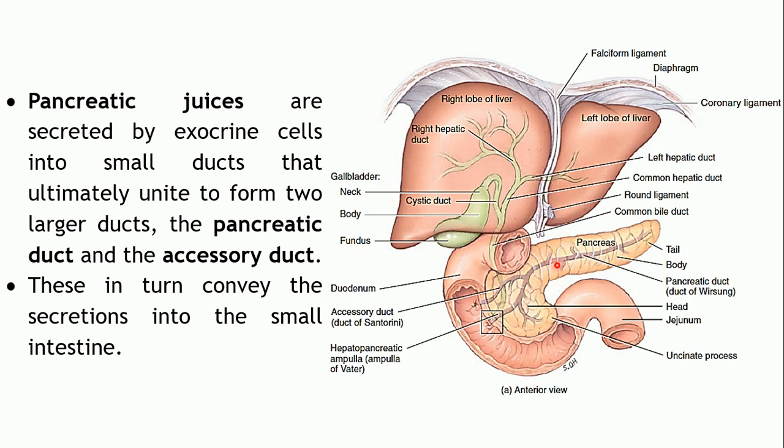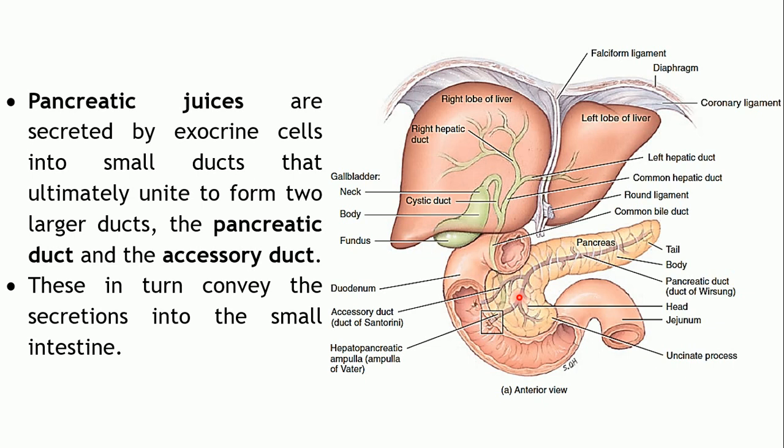So pancreas produces several enzymes which are carried by these pancreatic juices into this duodenum, which is the first part of your small intestine. There are two main ducts which are actually opening into the duodenum. The first one is the pancreatic duct. This is the main duct which is coming.